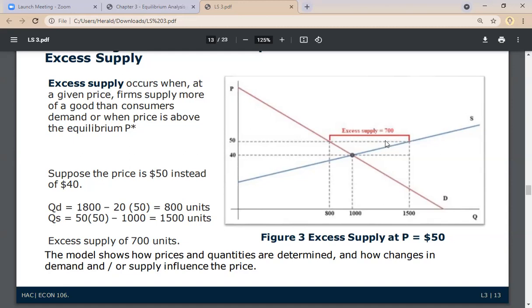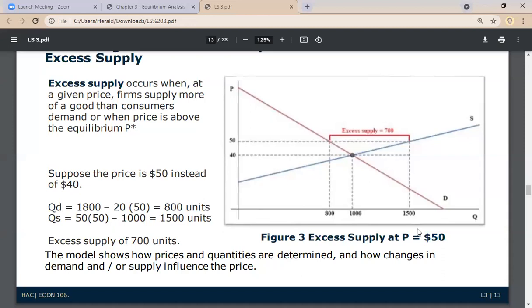Now, in that case, suppliers are willing to sell 1,500 units of good X. The supplier says, we're very much willing to sell 1,500 units of good X at the price of 50.